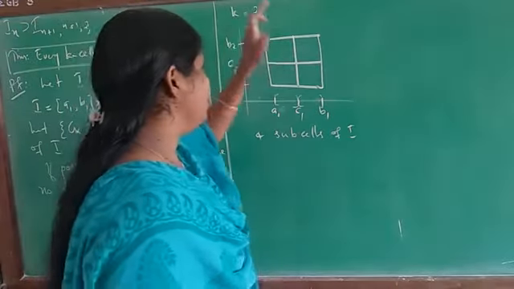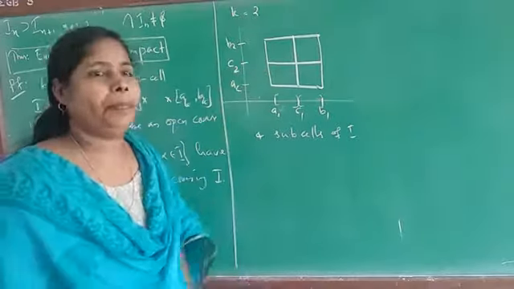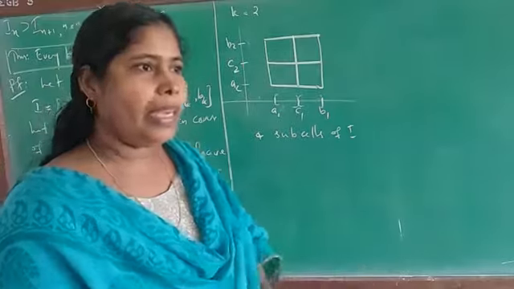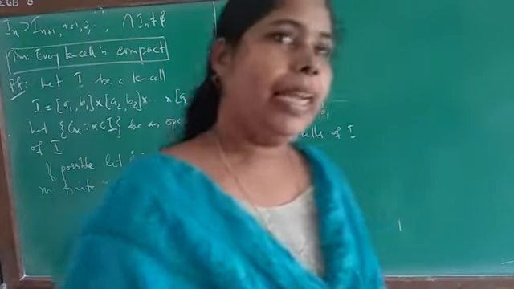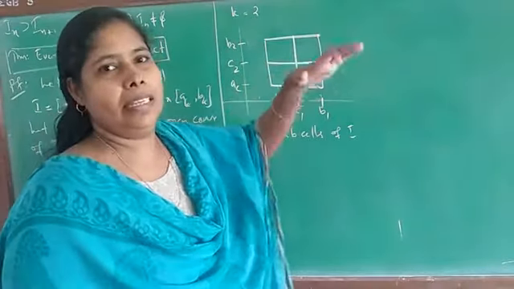So when k is equal to 3, how many subcells do you get? If we divide each component interval through its midpoint, in R3 you will get 8 subcells.